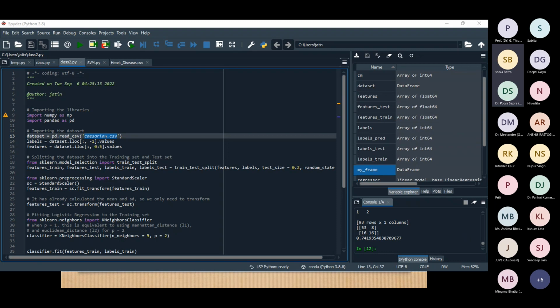So you are just required to change the name of the file. Just check how many labels, how many features, right? Here you would be having 5 features. Take those features. After that, the train test split would remain the same.